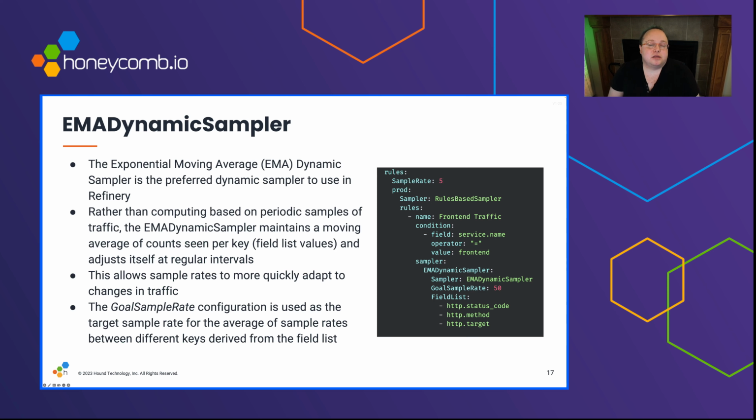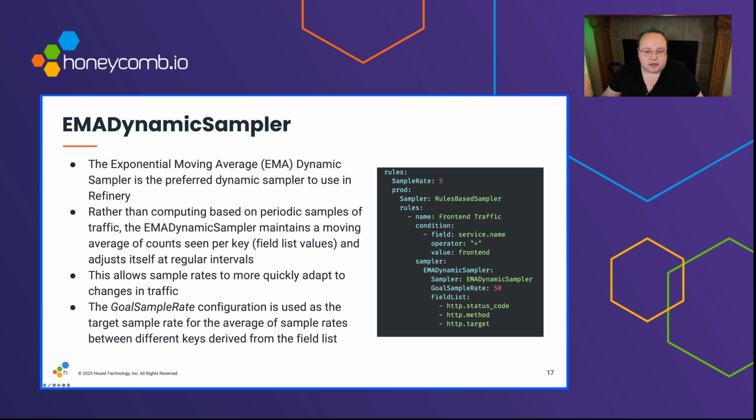The sampler that we prefer to use, we have 2: a dynamic sampler and the EMADynamicSampler. We recommend using the EMADynamicSampler. This is the exponential moving average dynamic sampler, which is regularly computing and looking at the counts for our different keys to see if we need to adjust the weighting for different keys.